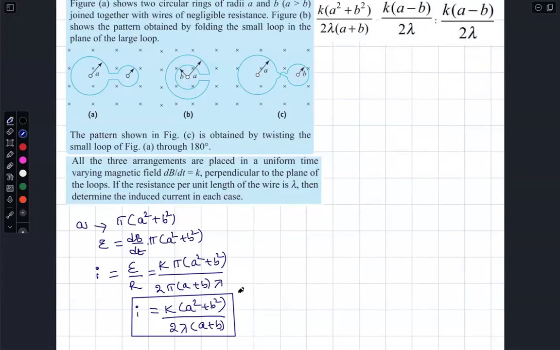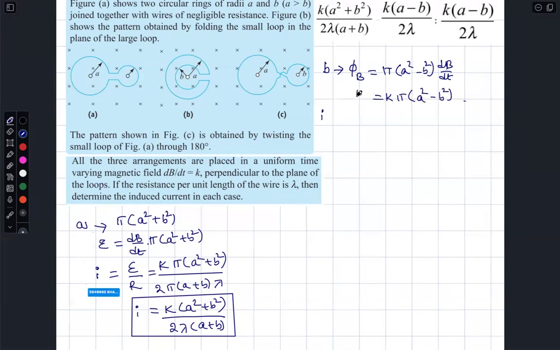Now, what about option B? You take option B. See, in this case, the effective area that you can see is pi (a square minus b square) times dB by dt, which is nothing but K into pi into (a square minus b square).